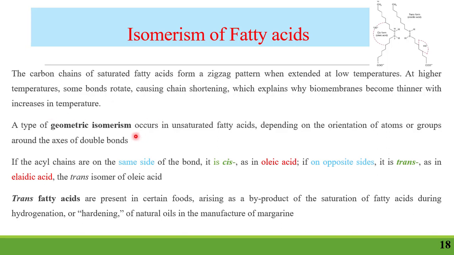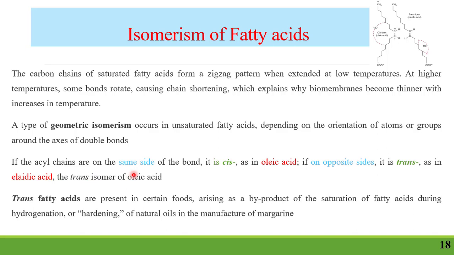A type of geometric isomerism occurs in unsaturated fatty acids. Just in unsaturated fatty acids, we have geometric isomerism, depending on the orientation of atoms or groups around the axis of the double bond.